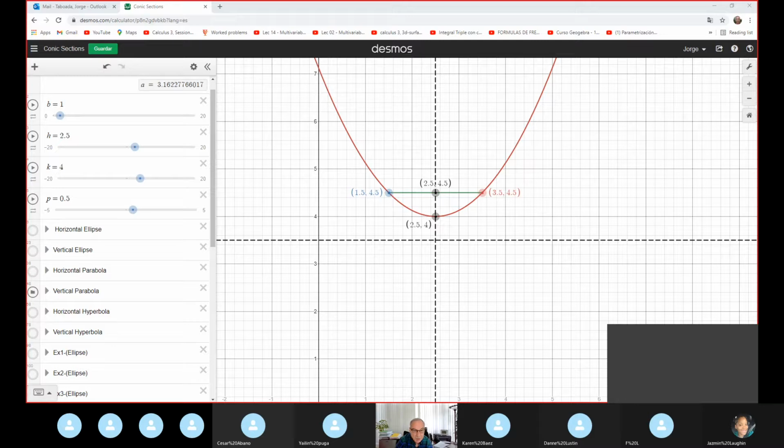The equation of the hyperbola expressed in standard form is, for example, x squared over a squared minus y squared over b squared equals 1. We have this possibility and we have that possibility: y squared over a squared minus x squared over b squared equals 1.